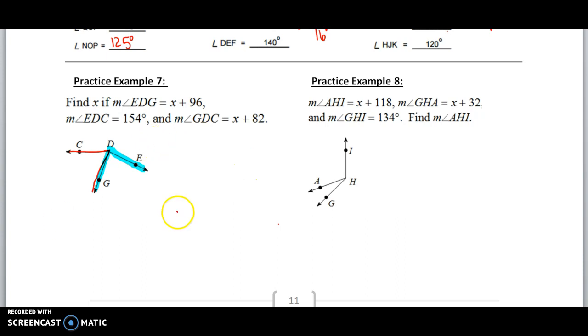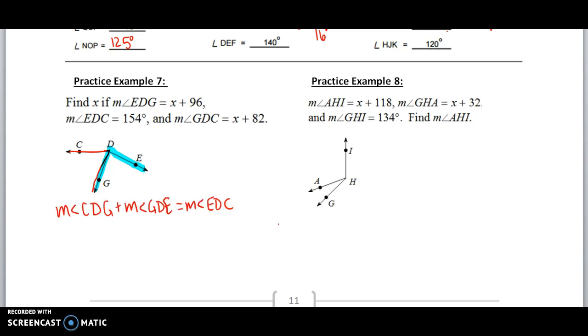So I'm going to add those together: the measure of angle CDG plus the measure of angle GDE equals the whole angle, which in this case is the measure of angle EDC.